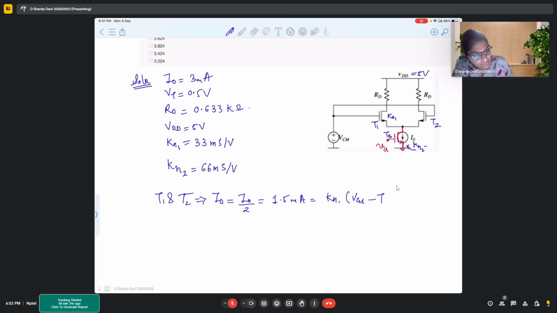Have you changed the current source into a transistor, ma'am? So the current source is ideally a transistor. If you are designing a circuit, we don't have ideal current sources, right? And we design all the circuits based on transistors only.